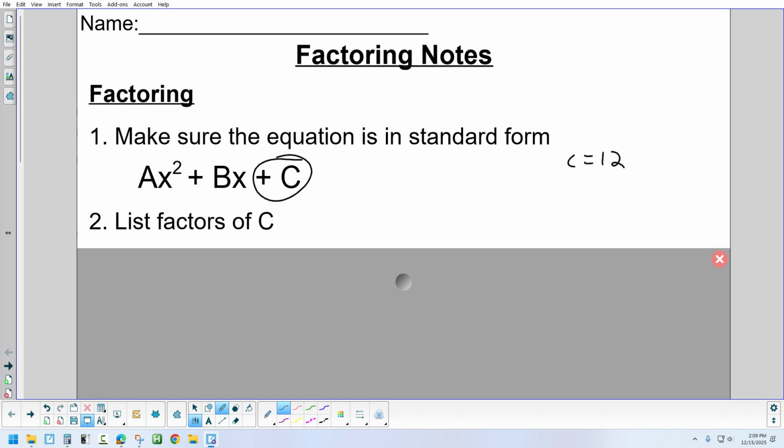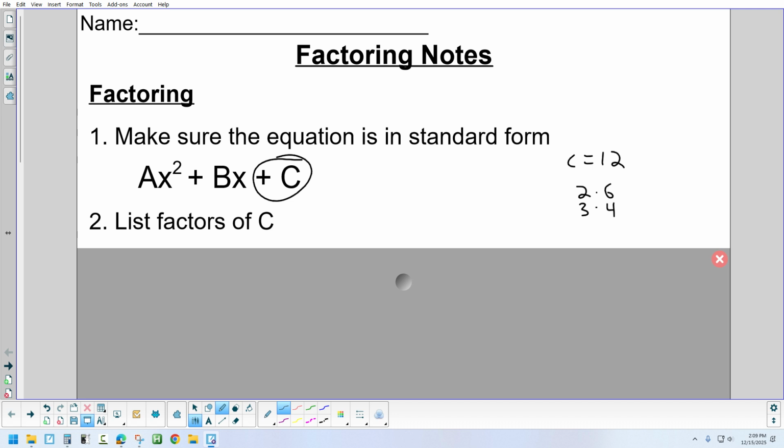Can someone tell me the different numbers you can multiply together to get 12? 6 times 2. All right, so we've got 2 times 6. Can someone else tell me another pair of numbers that multiply for 12? 4 and 3. Okay, anything else? 6 and 2.